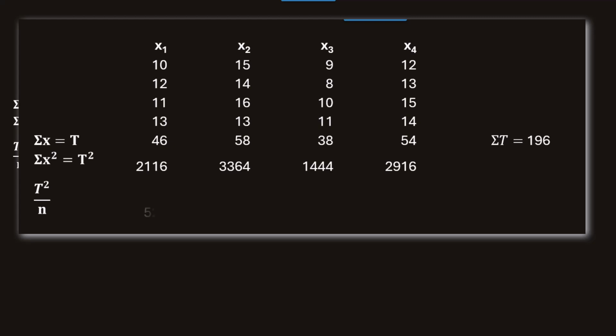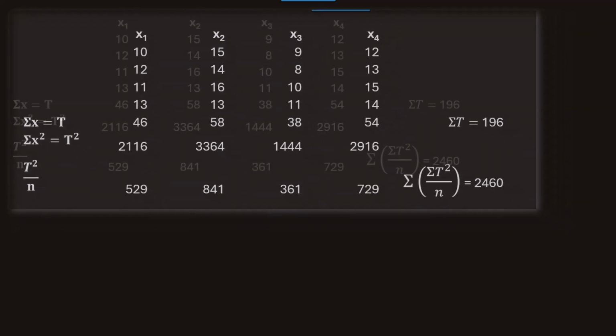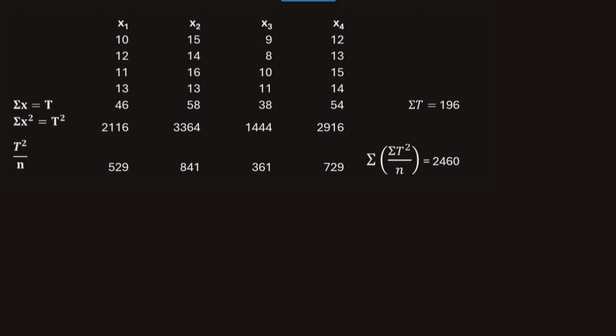They are 529, 841, 361 and 729. Arrive at the grand total of all these values, that is sigma of T squared by n. It is 2460.